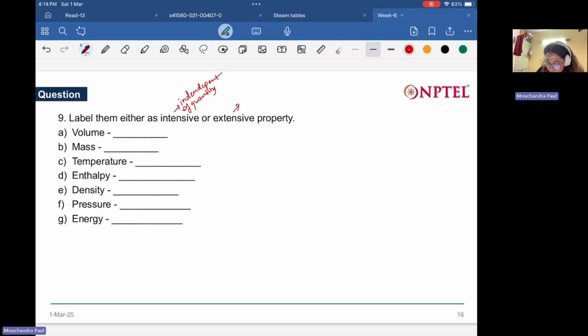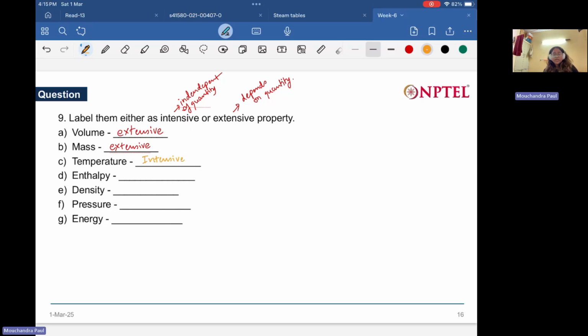Whereas an extensive property depends on quantity. So volume is an extensive property, mass is also an extensive property, and temperature, on the other hand, is an intensive property.